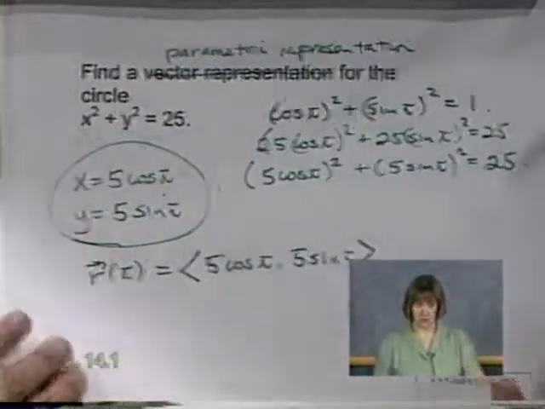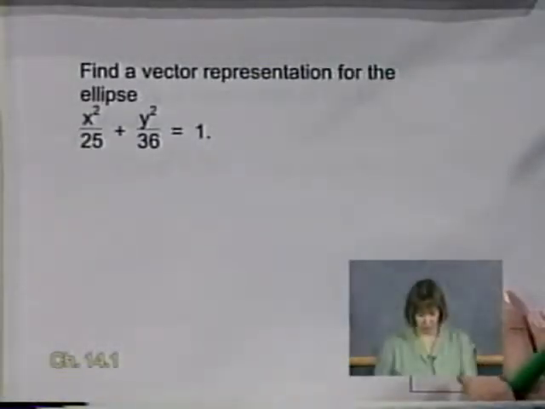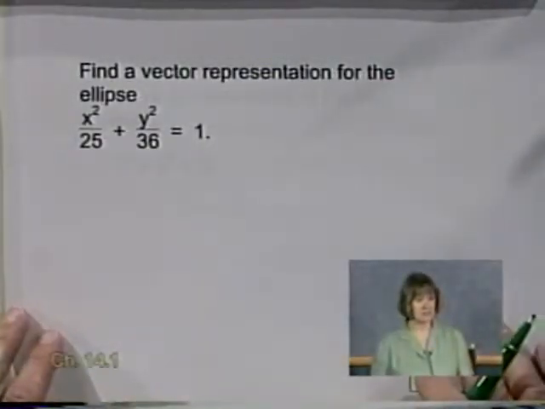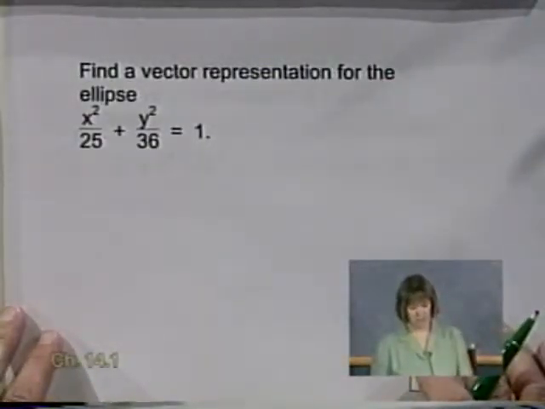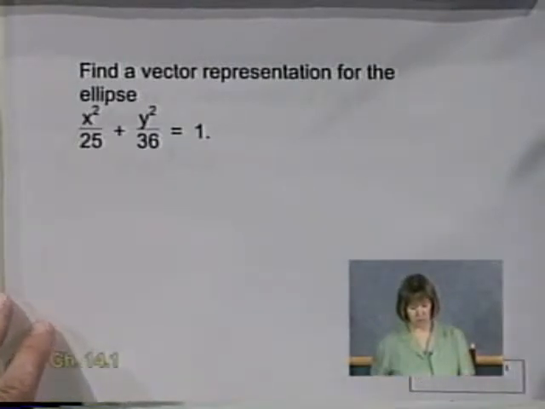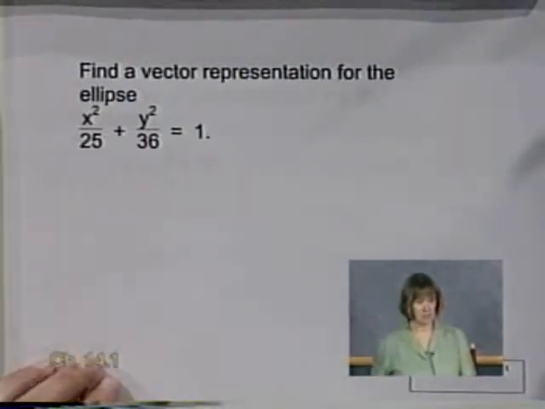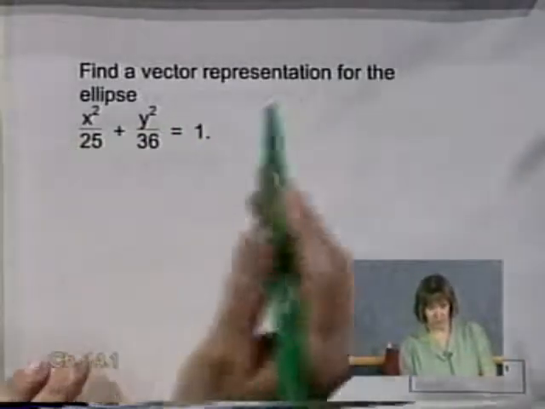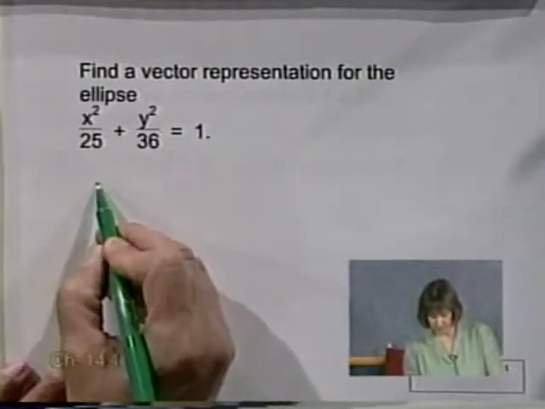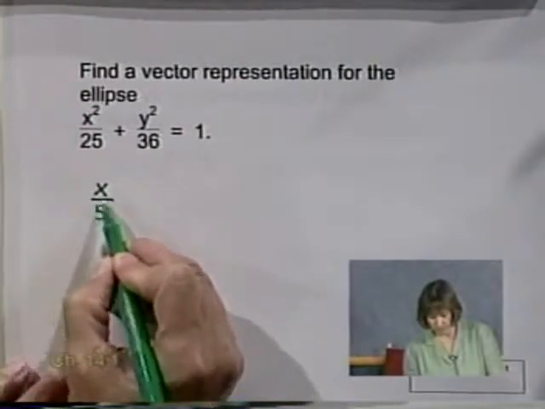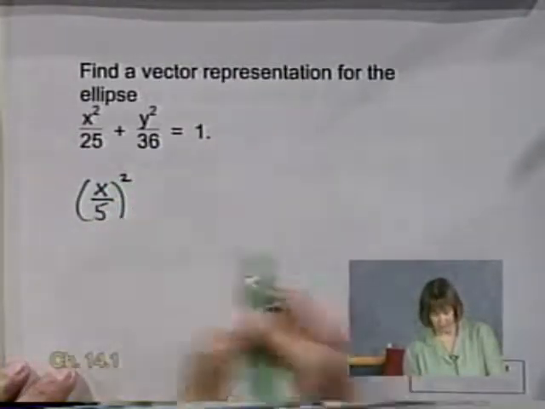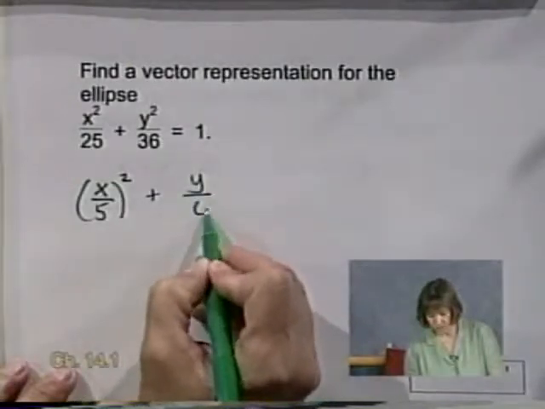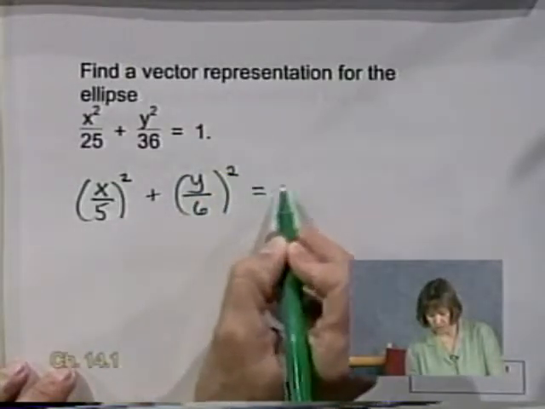Now, I also could ask you to find a parametric representation of this ellipse: x squared over 25 plus y squared over 36 is equal to 1. Notice I could do this one by writing it as (x over 5) squared plus (y over 6) squared equals 1.